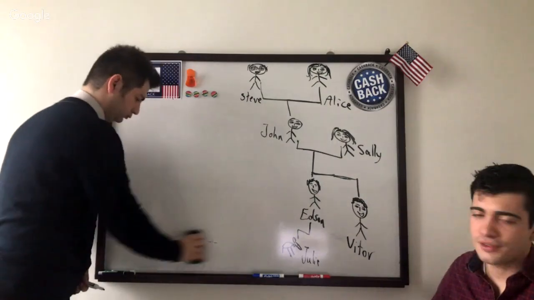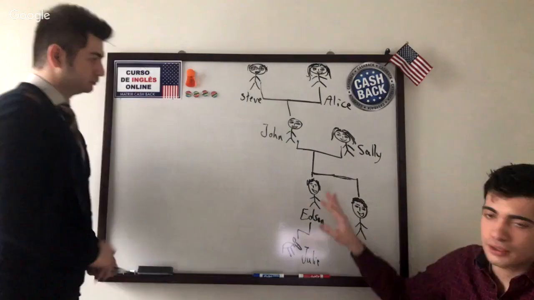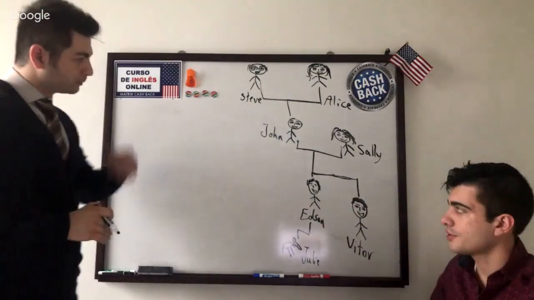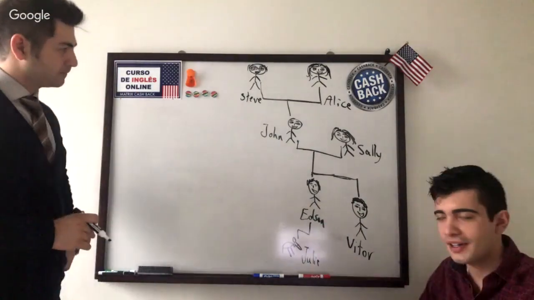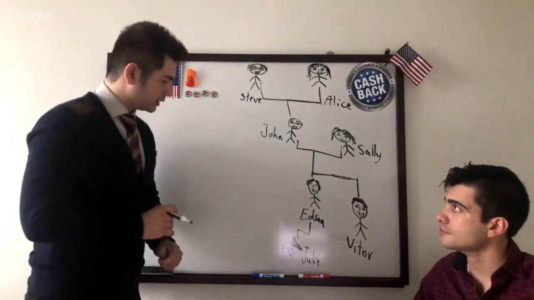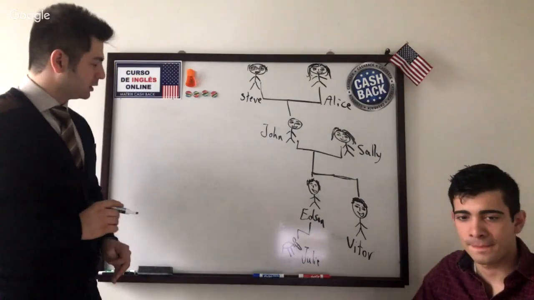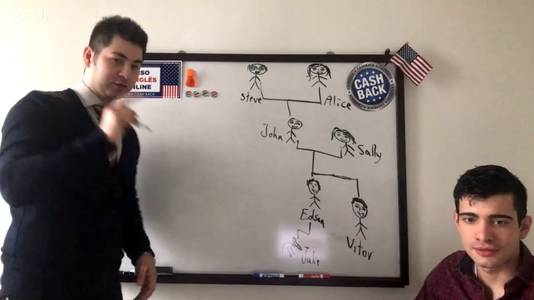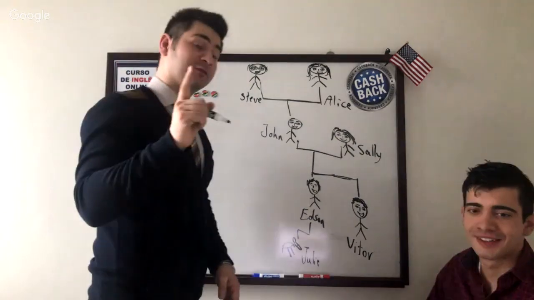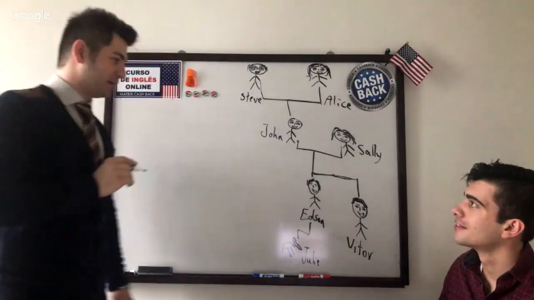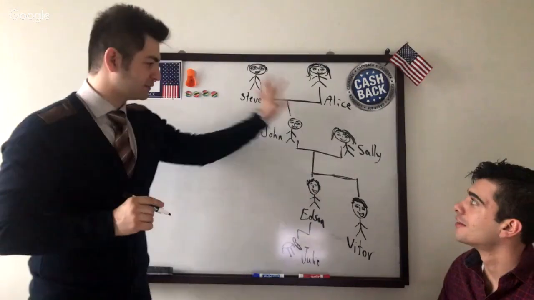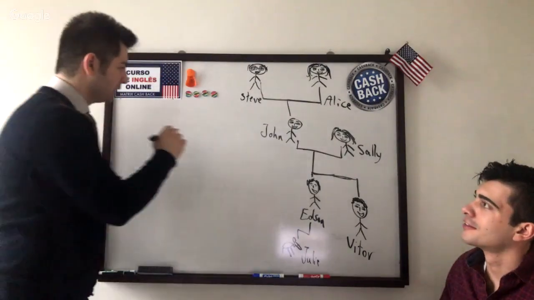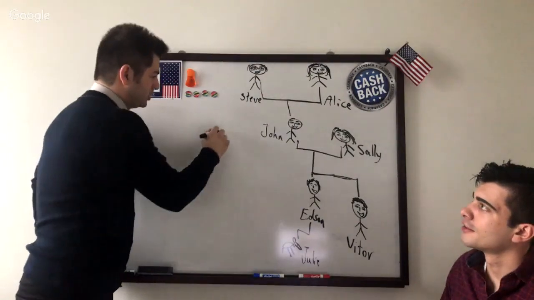Então, depois de fazermos essa árvore do nosso amigo, algumas frases. All right. We'll give you a word, and you're going to have to write a sentence with that word about Edson's family tree. A brother.